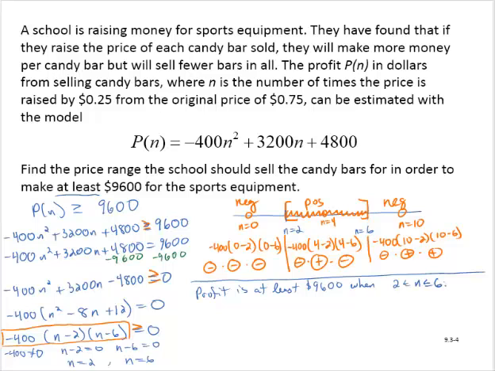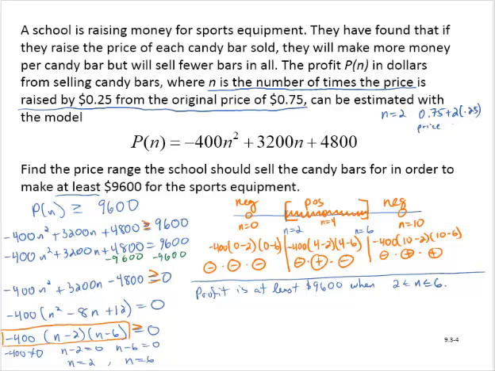But our question asks us to find the price range. So now n was the number of times the price is raised by $0.25 from the original price of $0.75. All right, so if n equals 2, then we would have 0.75 plus 2 times 0.25, and so that would give us a price.